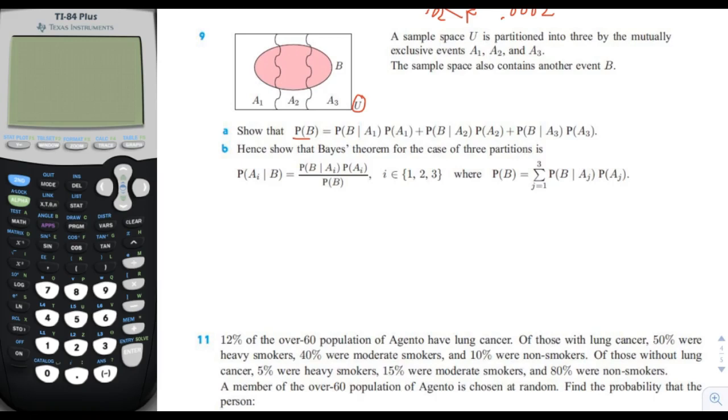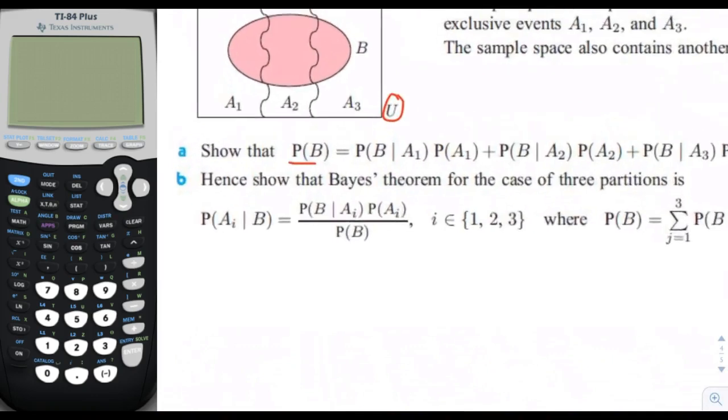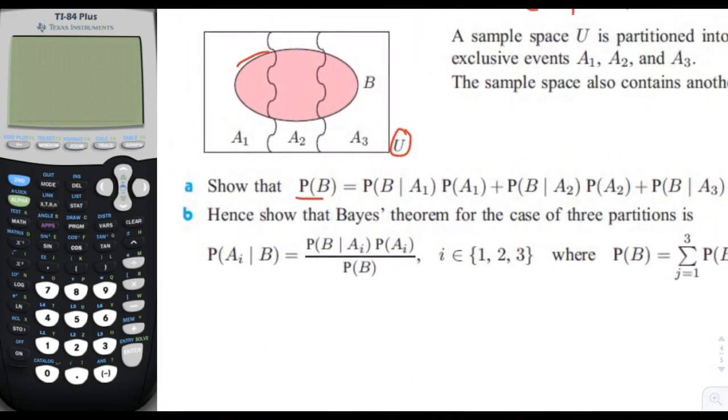So basically, to do that, what we need to do is say, okay, the probability of B happening is this part of B plus this part of B plus this part of B, which is pretty obvious, right? So we'll call this part of B, B intersect A3. We'll call this part of B, B intersect A2.